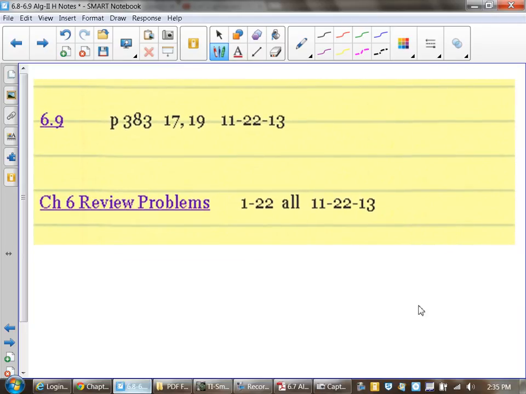I'm giving you guys 2 whopping problems out of section 6.9 where you had to write out the equation. The 6.8 stuff will be incorporated into the chapter review problems that I'm giving you. The chapter review problems are right out of the book. The link works on the website. I changed it so it worked. I realized it was coming up as a bad file.